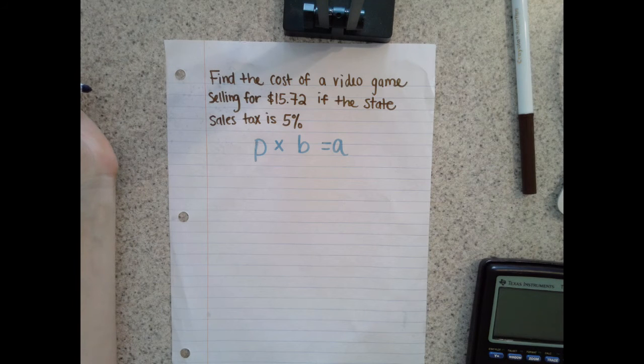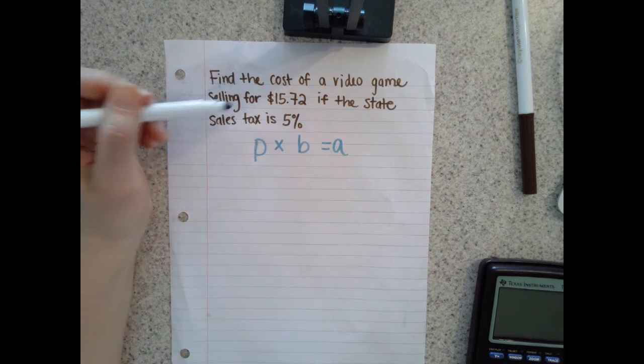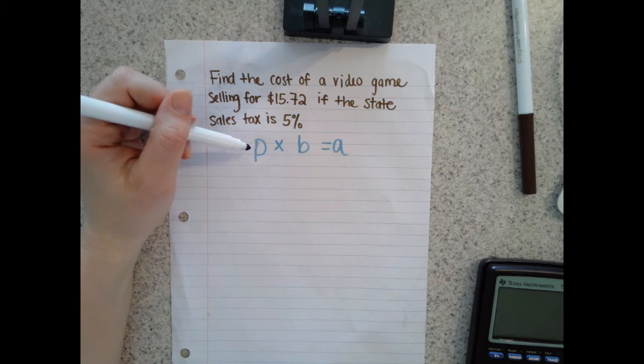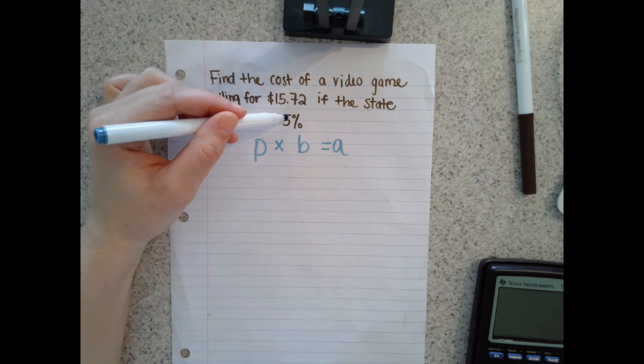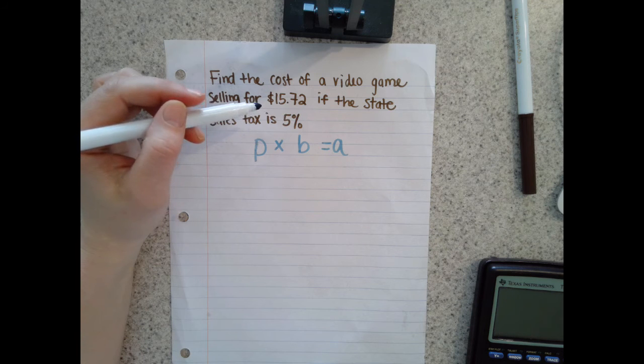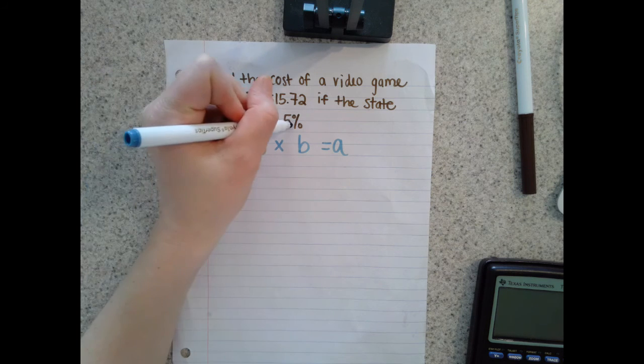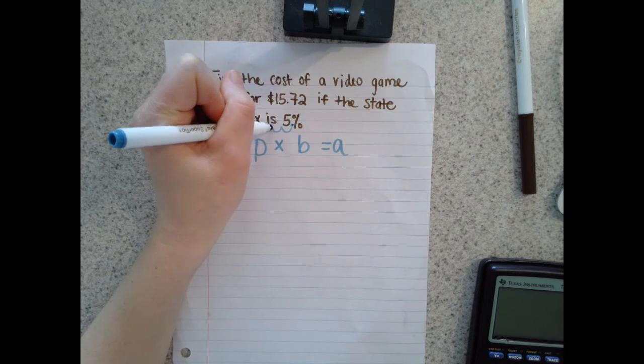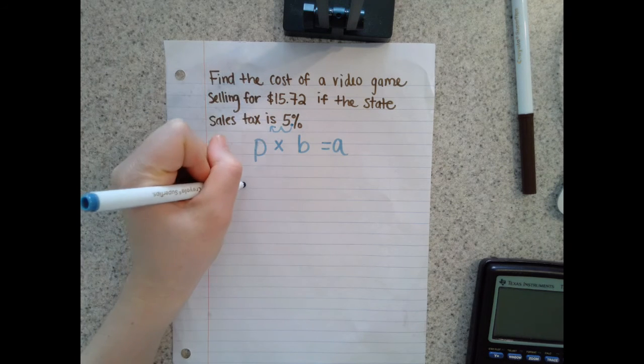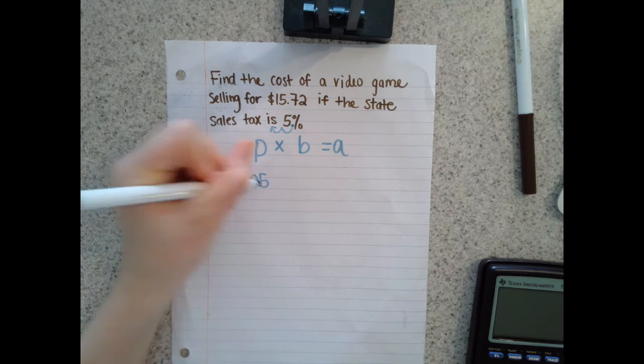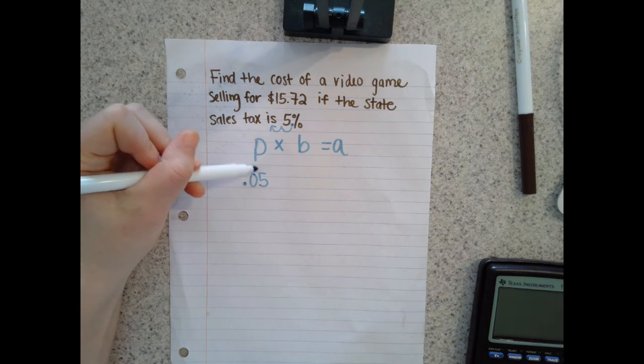Obviously, in this problem, we're given a percent. 5% we can plug in for P. Before I go plugging in 5% though, I need to change this number to a decimal. 5% as a decimal, move that invisible decimal point 2 spaces left, is 0.05. So that gets plugged in for my percent.